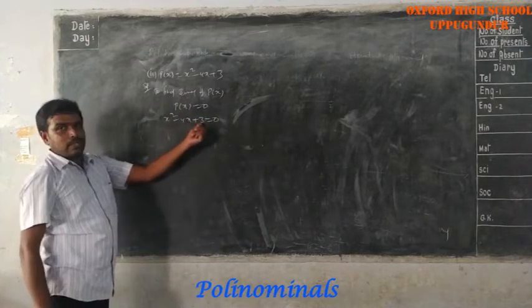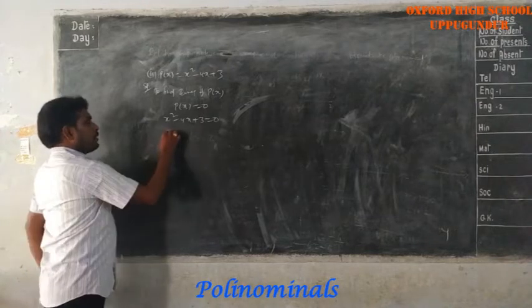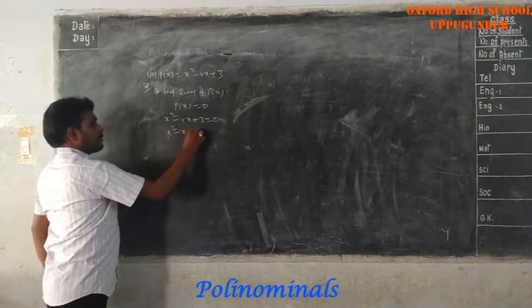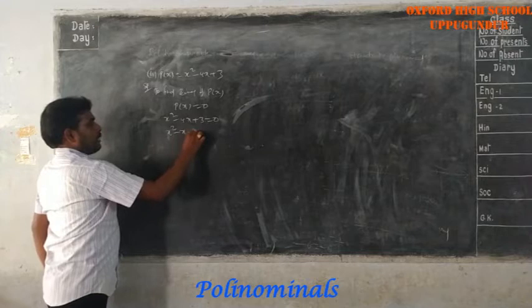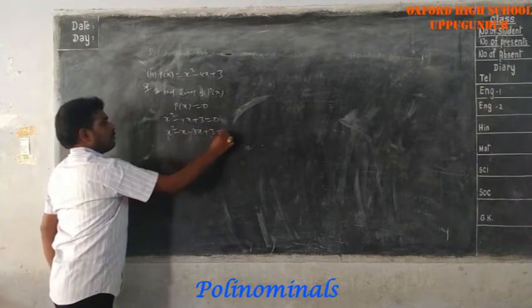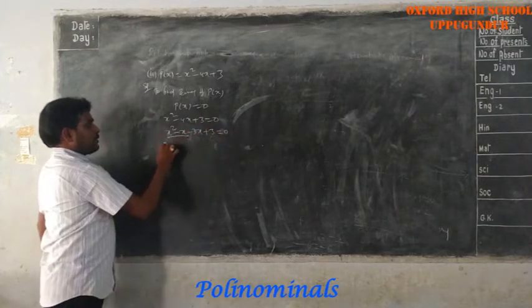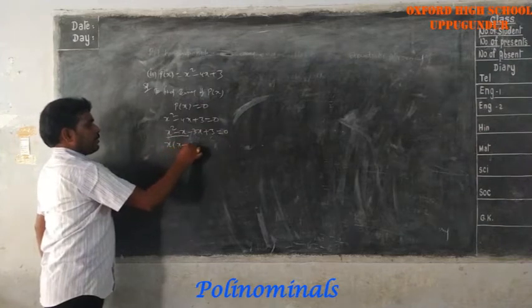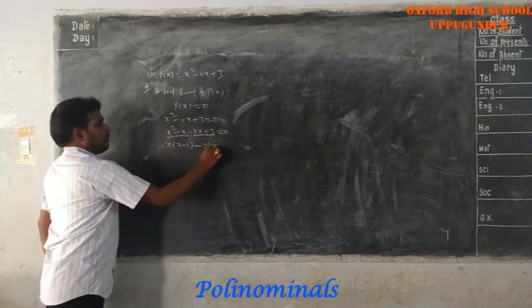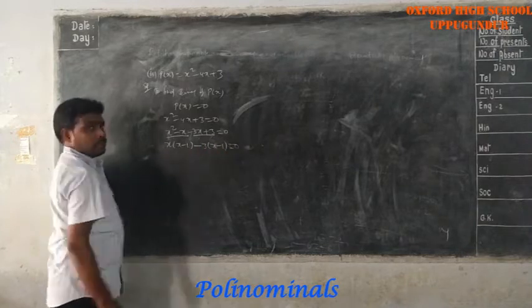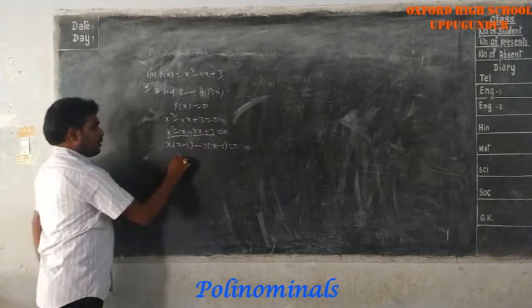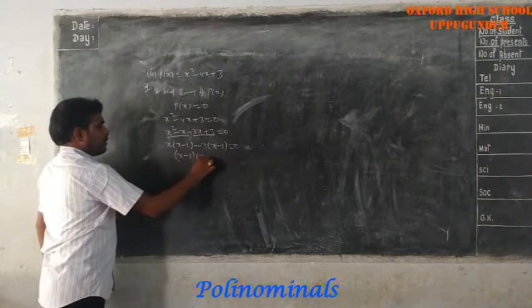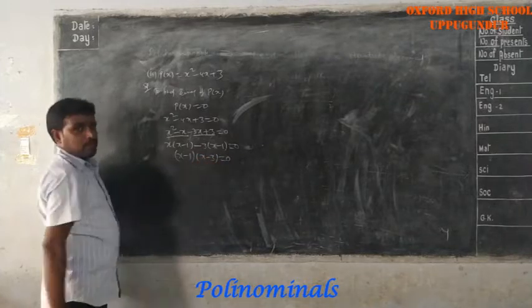So 3 ones are 3, 3 plus 1 you will get 4. That's why x square minus x minus 3x plus 3 equal to 0. In these two, x is common, x into x minus 1, here 3 is common, minus 3 into x minus 1 equal to 0. Among these, x minus 1 is common, x minus 1 into x minus 3 equal to 0.